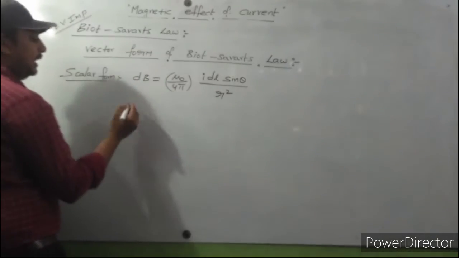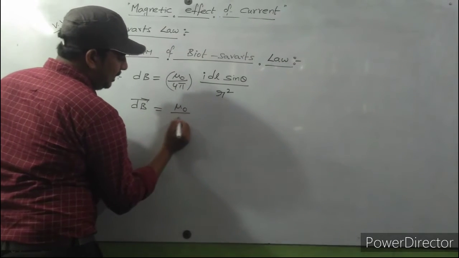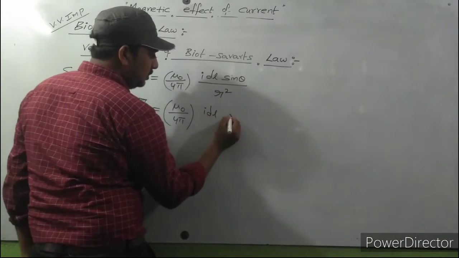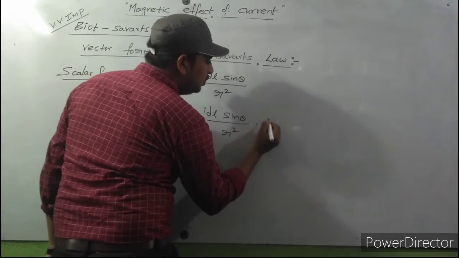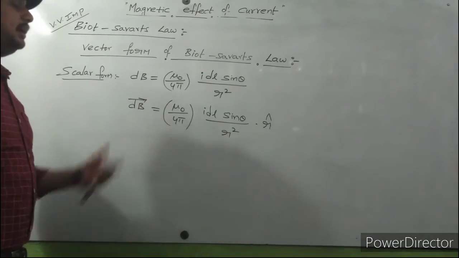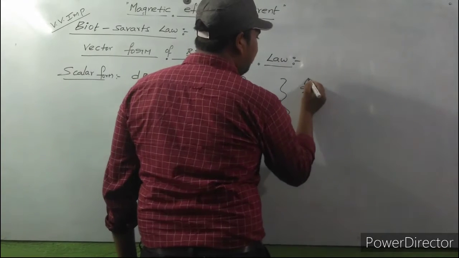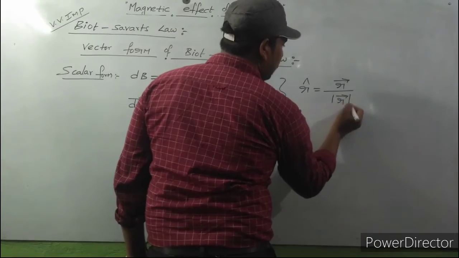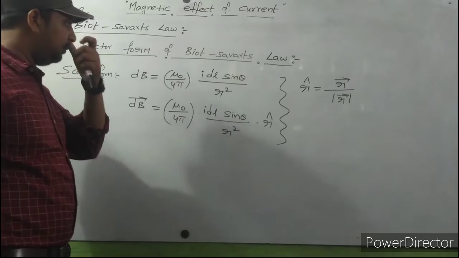Just multiply with r cap: dB bar is equal to mu naught by 4 pi into I dl sin theta by r square into r cap. Here r cap is equal to r bar by modulus of r bar.